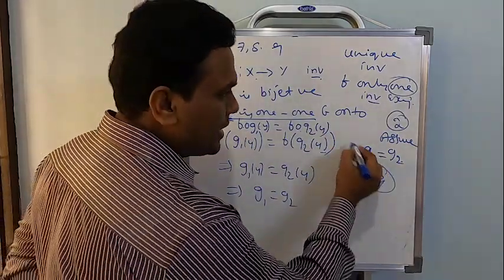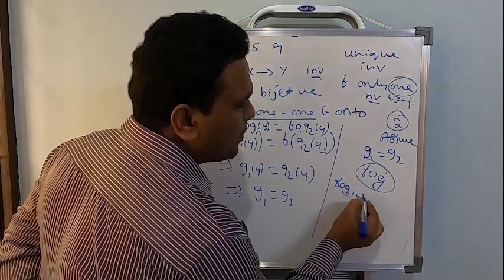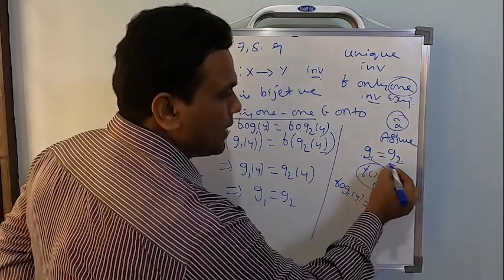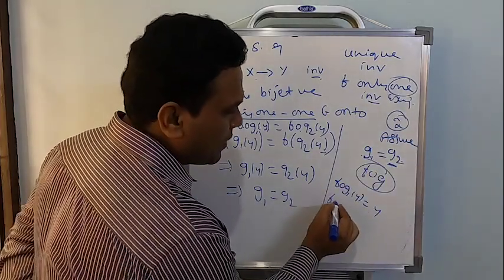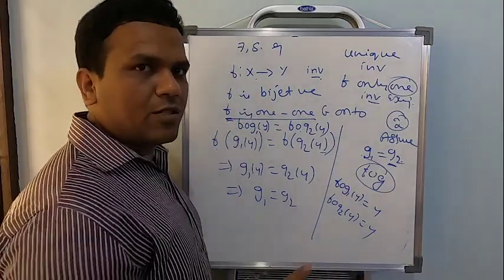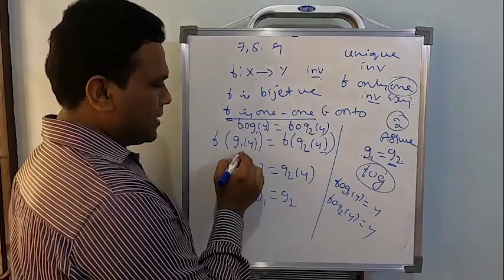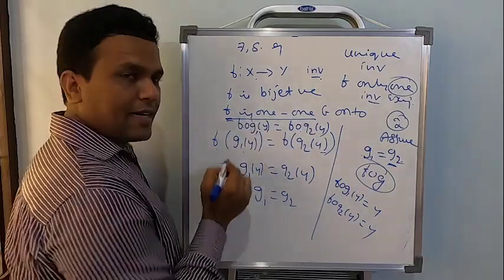So if I assume g1 as one inverse, what am I going to get? f of g1 of y will be equal to y, correct? If I assume this also has one more inverse, f of g2 of y will be equal to y. But both are inverses only, right? So let me take these two as equal, right? By taking this, I got the next step. I am rewriting this, correct now. How did I get this?